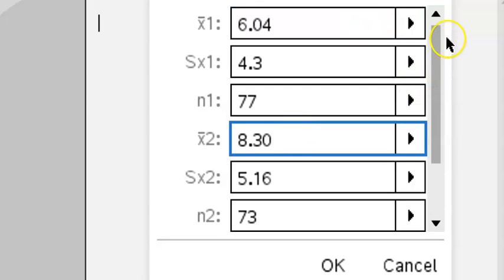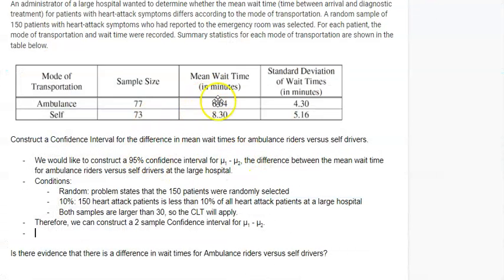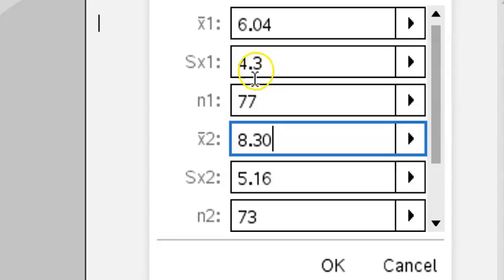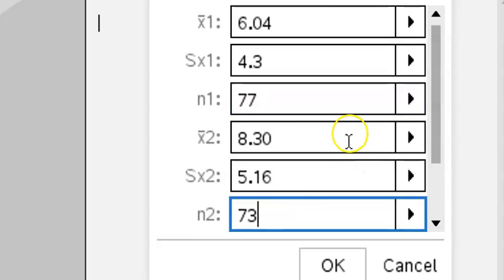So there's the data that we got from the table. X bar 1 and X bar 2 represent the two sample means. SX1 and SX2 represent the two sample standard deviations. And then, of course, our two sample sizes are here.